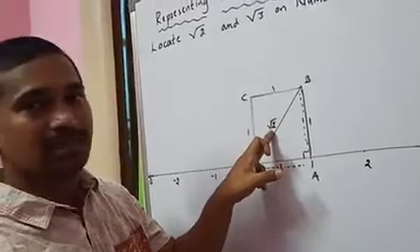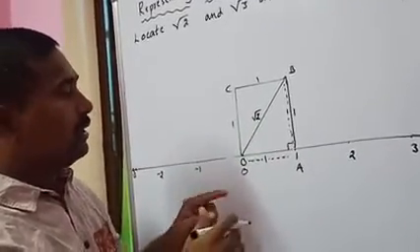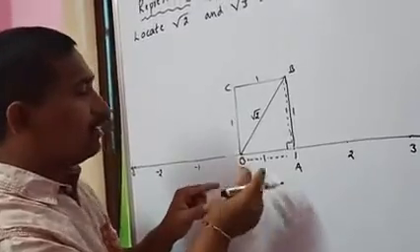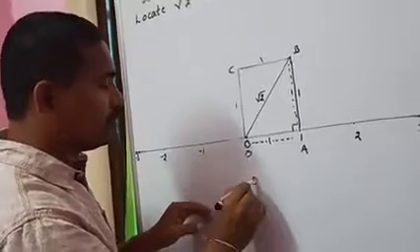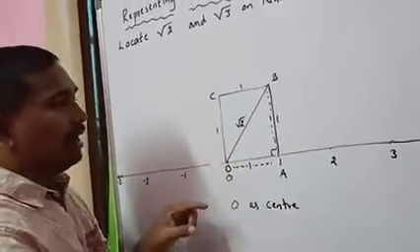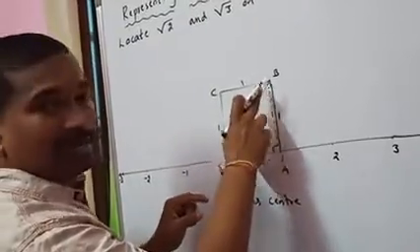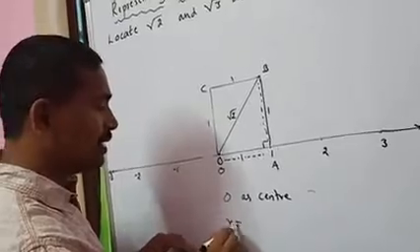Then this hypotenuse is root 2. Now using the compass, take O as the center and OB as the radius. O is the center, radius OB.